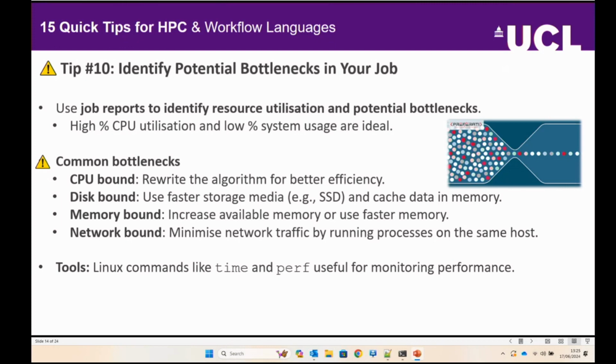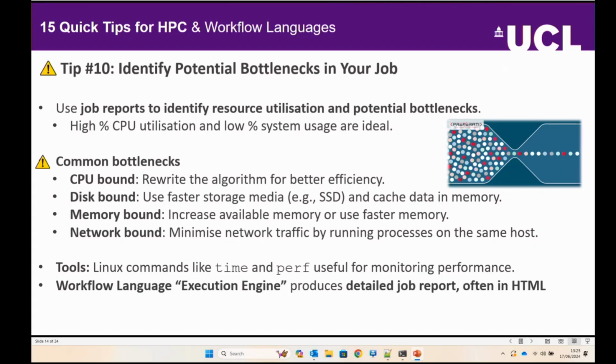So tools that can be useful are commands like time and perf for monitoring performance of programs executing in scripts with jobs, and workflow languages, which is going to be the next introduction in this presentation.